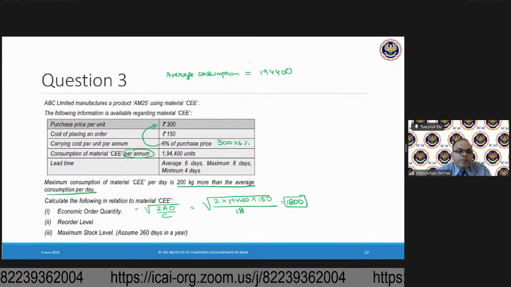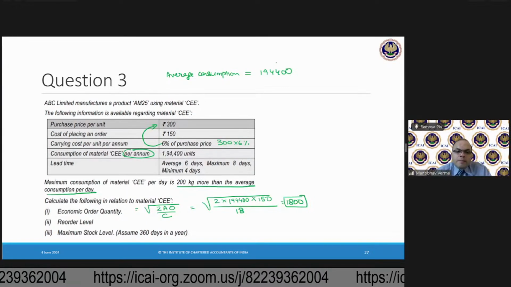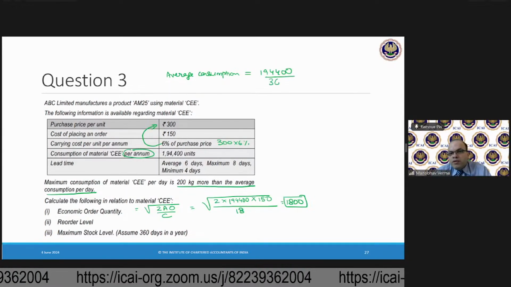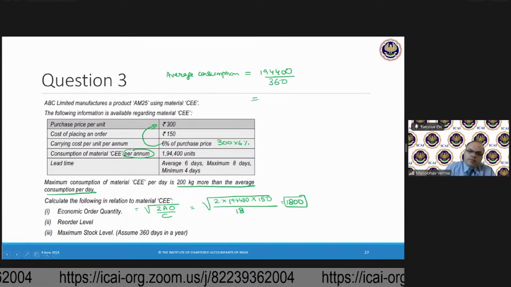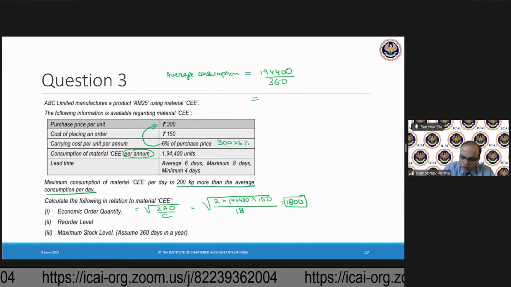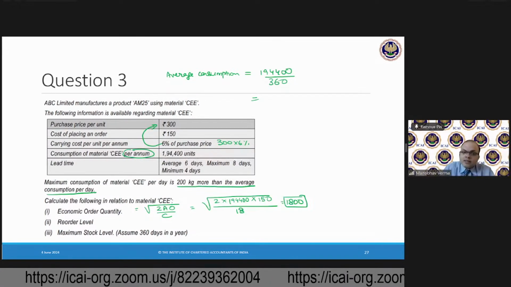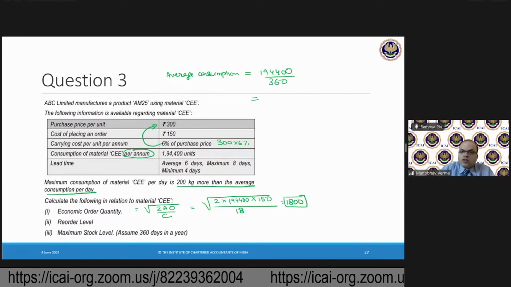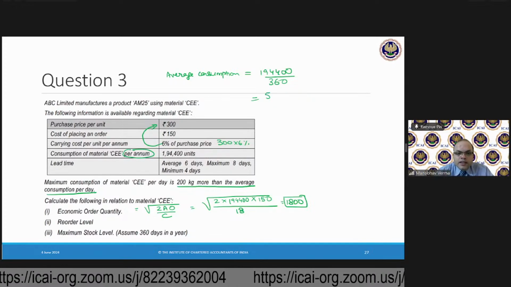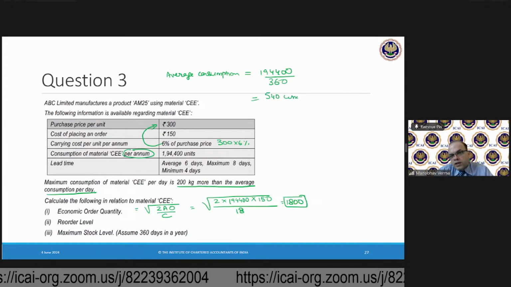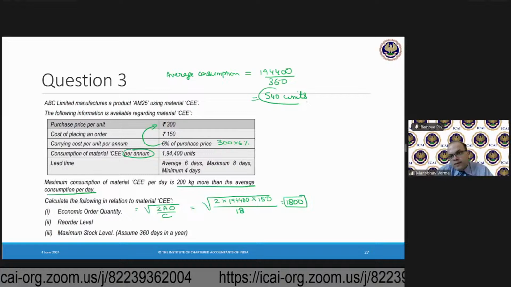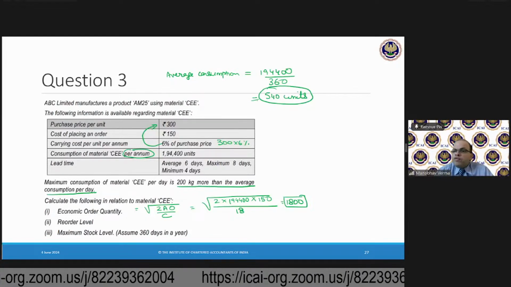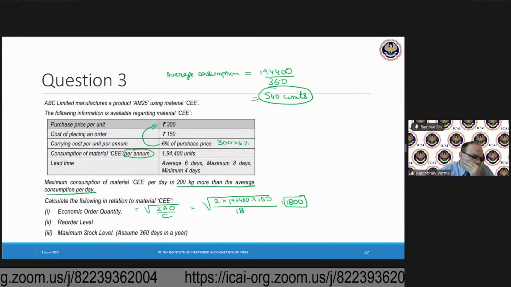And if we assume 360 days in a year, what is the number we get? Average consumption per day, 194,400 divided by 360, I guess. So we're getting 540 units. We're talking about 540 units here.